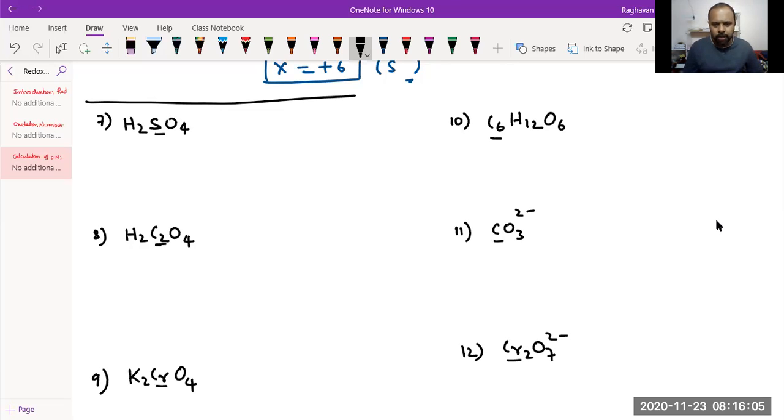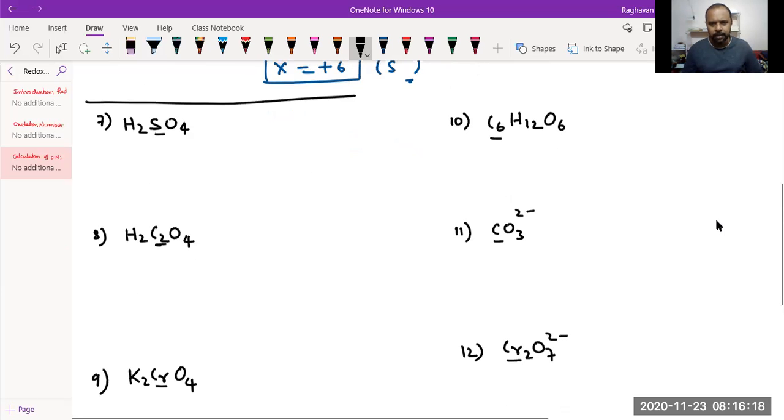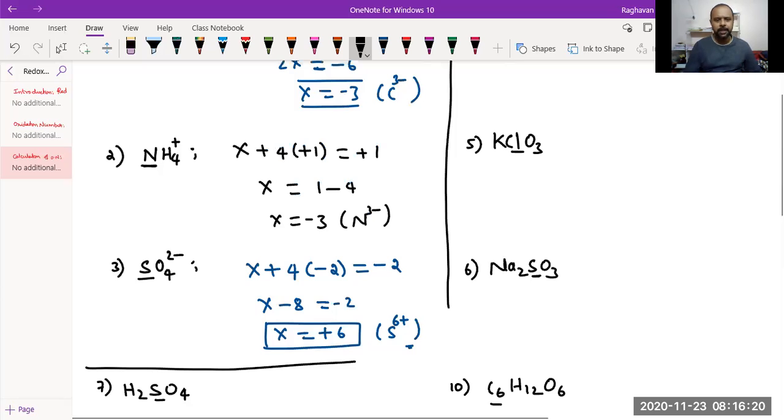Write only compounds and ions. I'll move down. Just write the compounds. You can calculate. I'll give you time. Do one thing. You finish off these things. We shall take a little more.